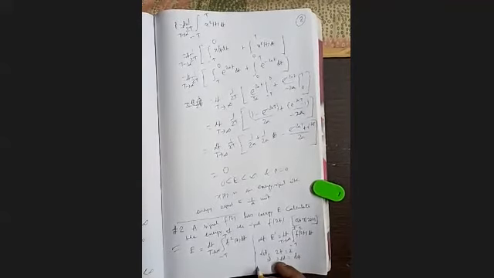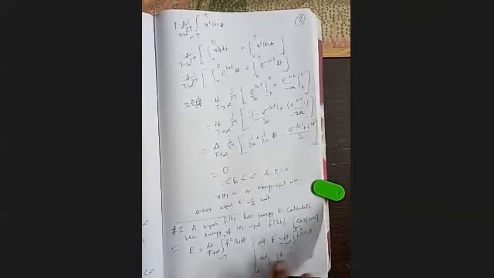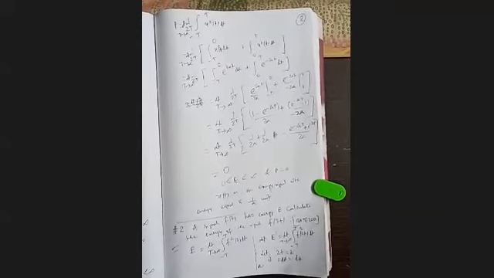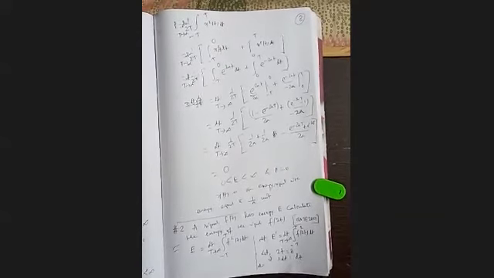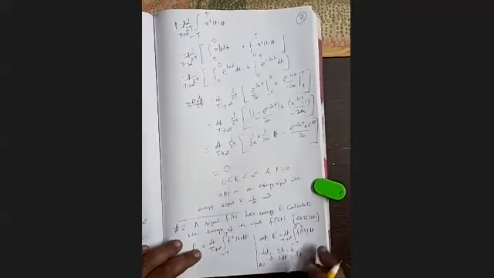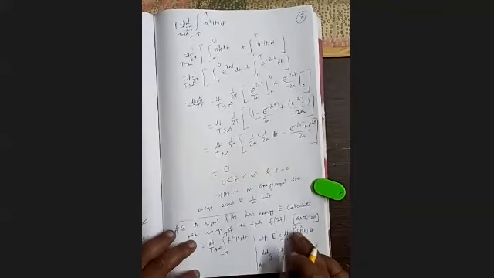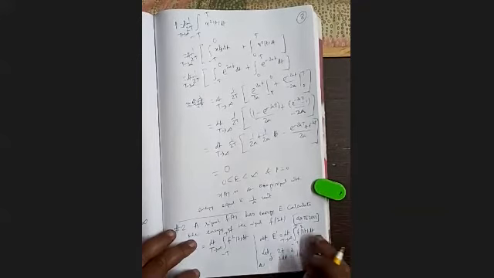So better I write it in the next page. It's not possible here. Page number 9. So dt equal to dz by 2. So it will be integration f square z dz by 2.